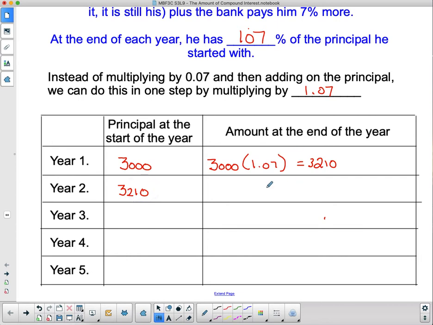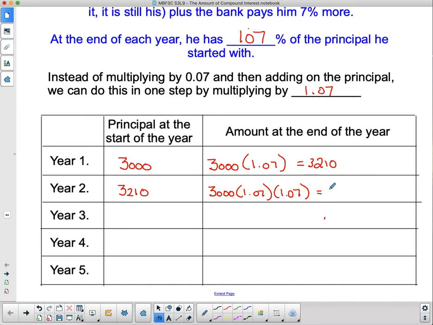I'm going to write this a little bit differently, because we can multiply 3210 by 1.07, or we can think of it this way. This 3,000 times 1.07 was actually the 3210, and now I just have to multiply by another 1.07. This should be starting to look like what we did last time when we were talking about exponential growth questions.